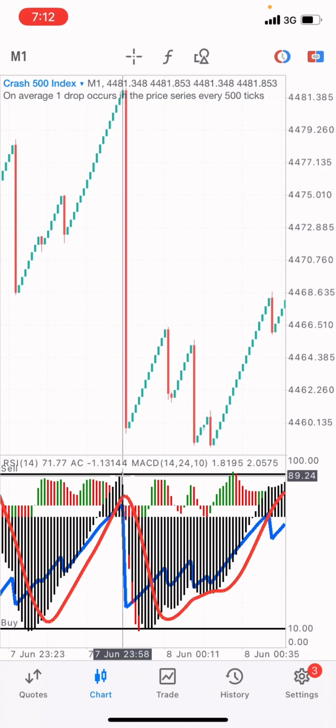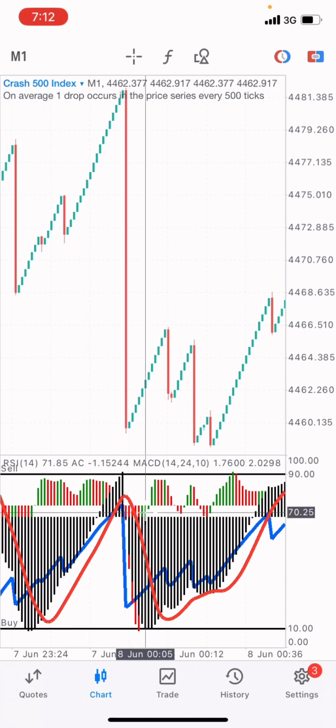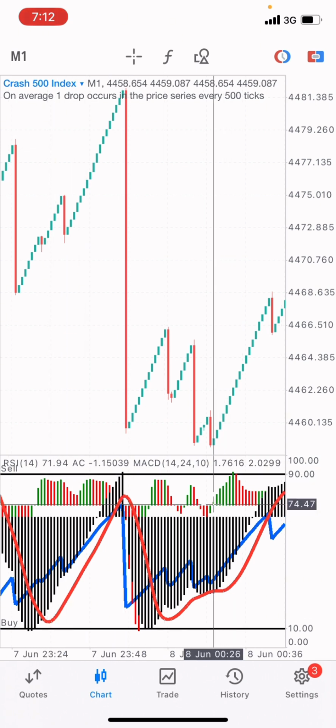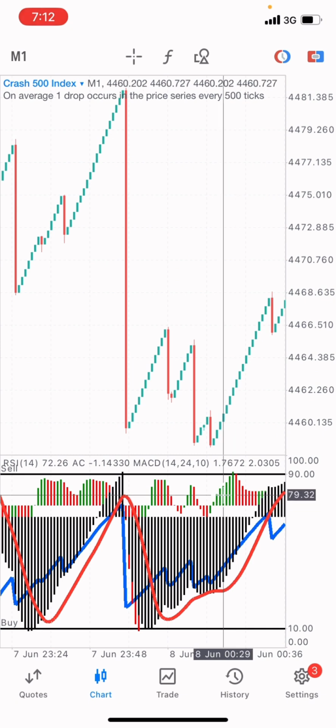But that's not the main point with this strategy. This green line here is called the accelerator oscillator.